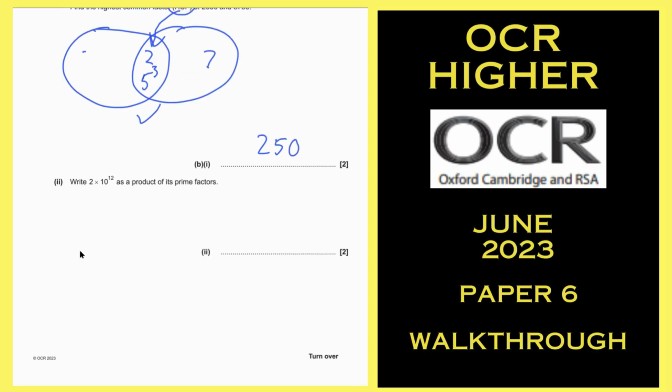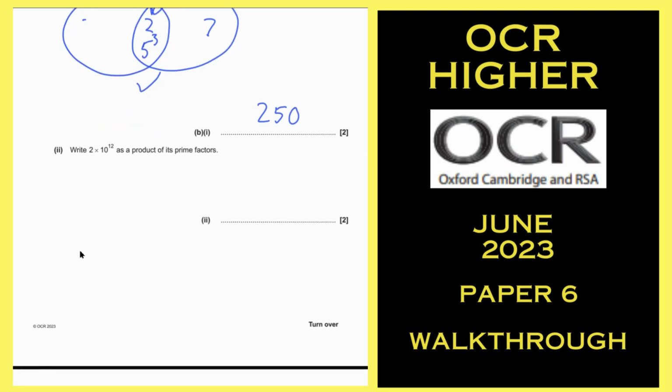Question double I, bringing in a bit of standard form. The idea being another way of writing 10 to the power of 12 is you can replace the 10 with 5 times 2.